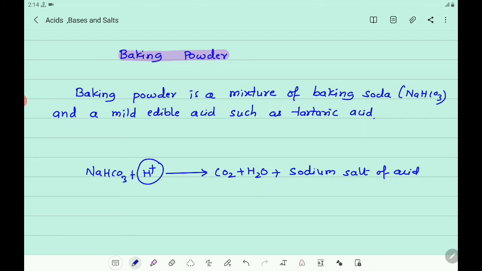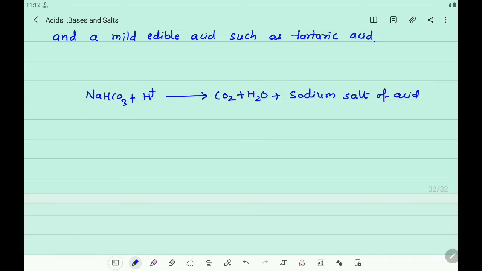If it is HCl, you will get NaCl. If it is H2SO4, you will get Na2SO4. Like this, you will get the sodium salt of that particular acid. This is the reaction that takes place when it is heated or mixed in water.